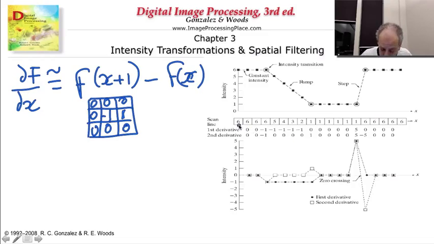So we see here the simulated values of this ramp, flat, jump, and flat. So we start with flat 6, we have a decreasing ramp, flat 1, and then a big jump. The first derivative is this first row that we see here. Very easy to compute. Following this operation, we have a couple of zeros because there is no derivative, the values are constant. Then we have a minus 1, minus 1.